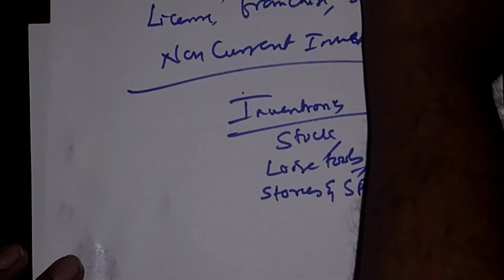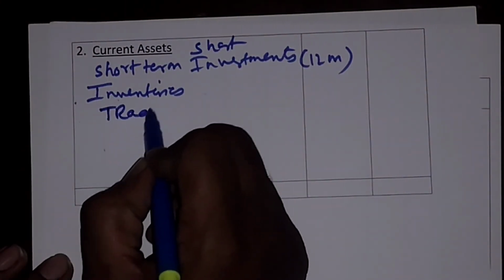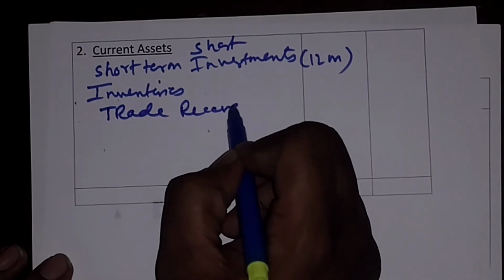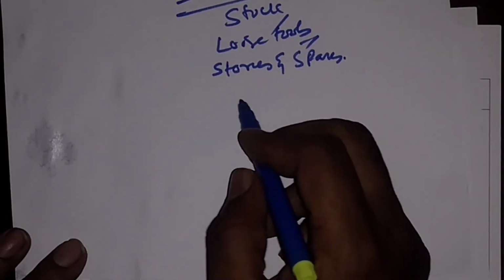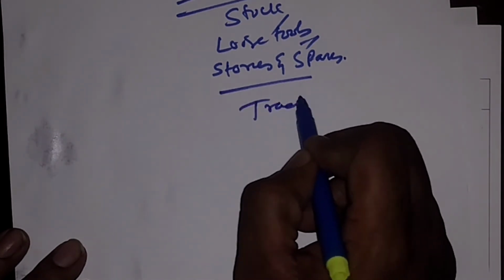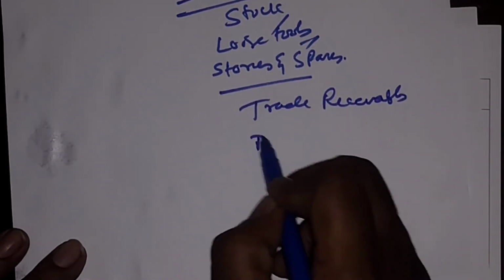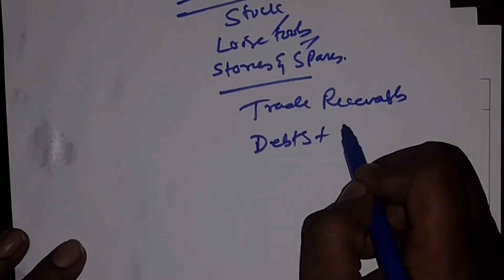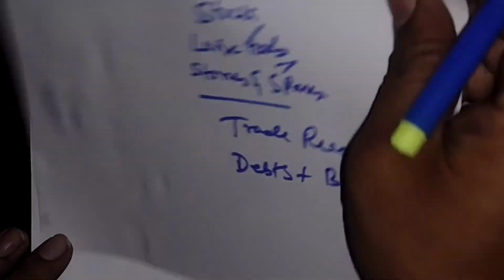After inventories, in current assets we have trade receivables. What are trade receivables? Trade receivables equal debtors plus bills receivable.